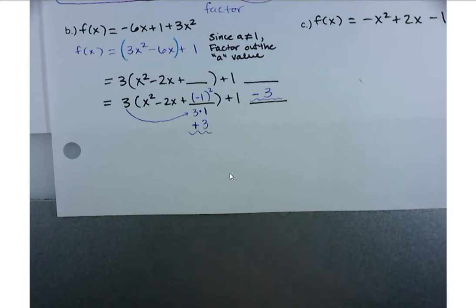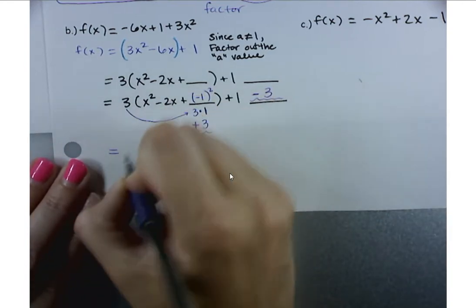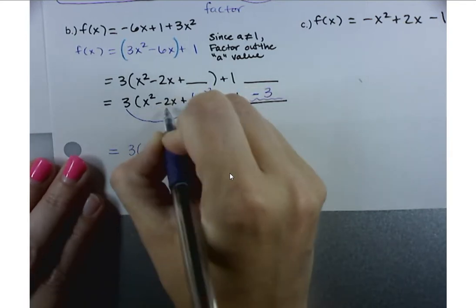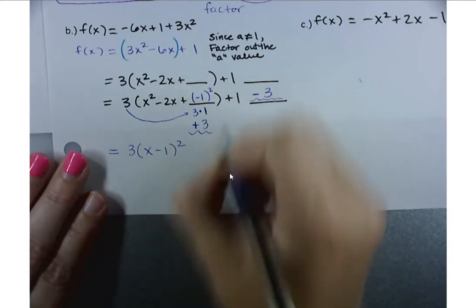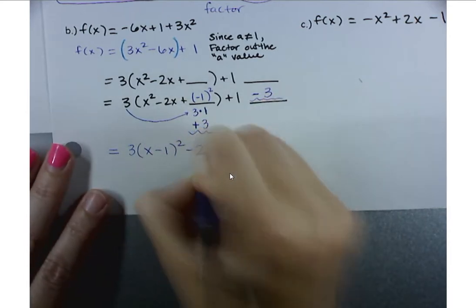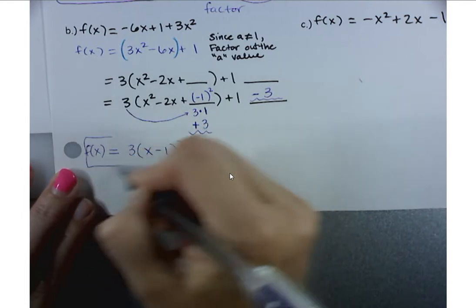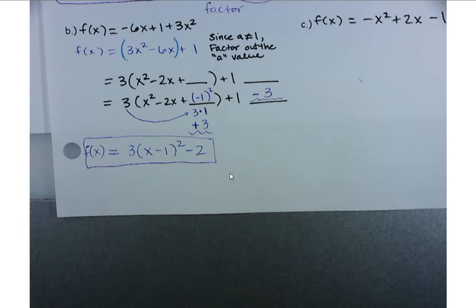Then you factor like usual, but now the 3 comes straight down in front. If I factor x squared minus 2x plus 1, I get x minus 1 squared. And 1 minus 3 is going to be negative 2.